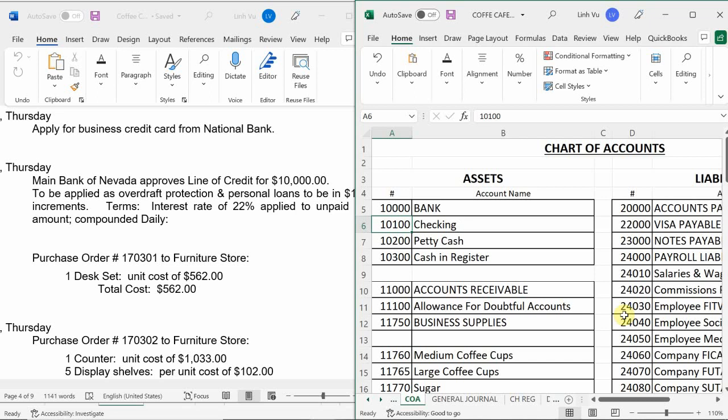So is there a real transaction that happened when I did a purchase order? No. In this case, all you did was just order from the furniture store to say, "Hey, I want to buy something from you." You didn't receive the items, nor did you receive a bill or pay them.